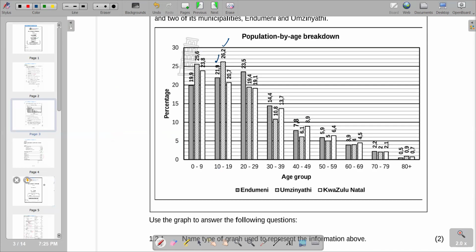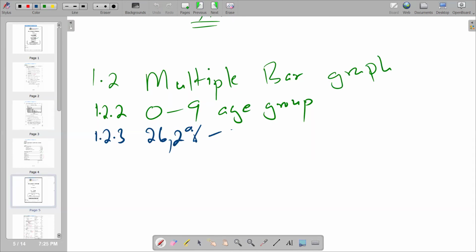So 26.2 minus 21.9, and the answer that you are supposed to get there becomes 4.3%. So I'll go to the next question.